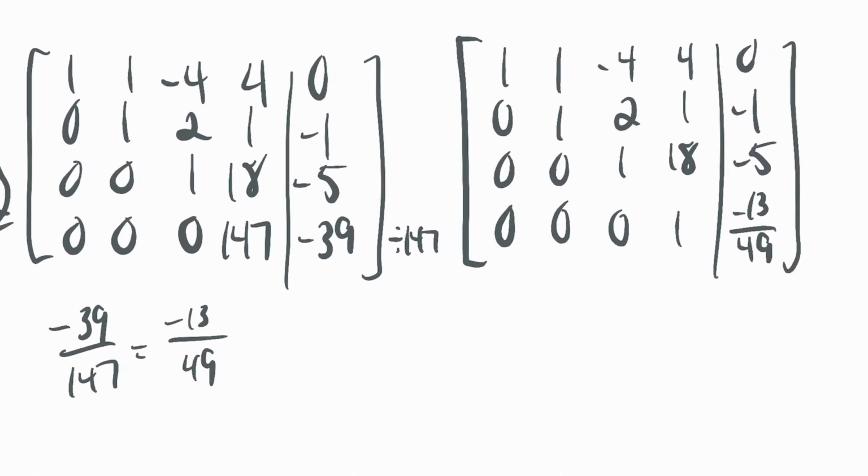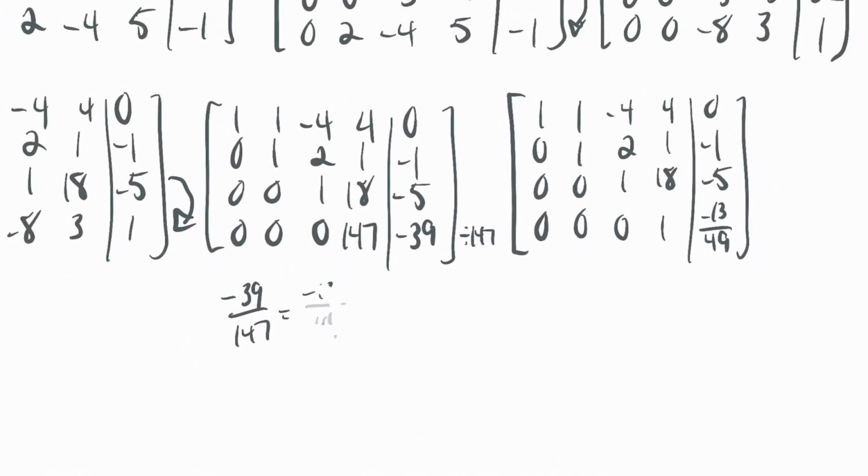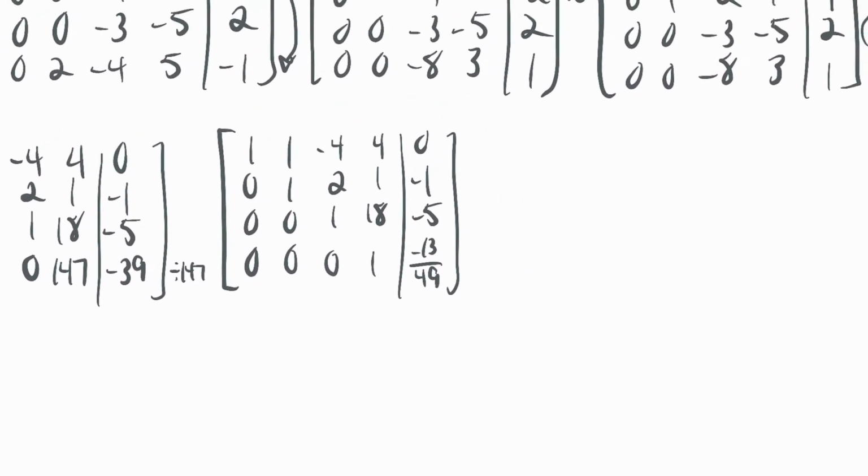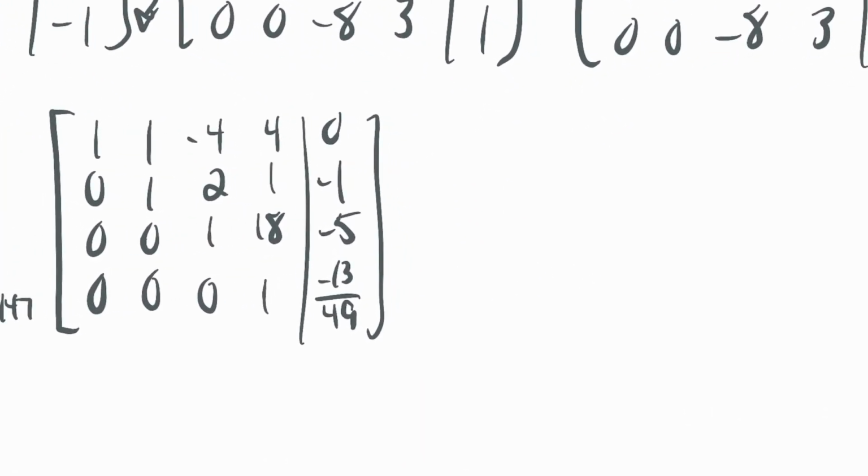Now we have some options as to what to do next. I could turn these all back into equations with A, B, C, and D, and that would work fine, but we will continue with row operations. I'll start by eliminating these if I can, so I avoid using this fraction until it becomes absolutely necessary. First, subtract this row from that row: 1 from 1, 2 from -4, 1 from 4.